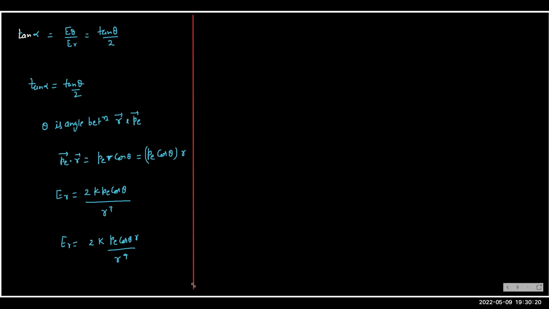So the E r term is 2k and the numerator becomes p dot r upon r power 4. Understood? Yes.